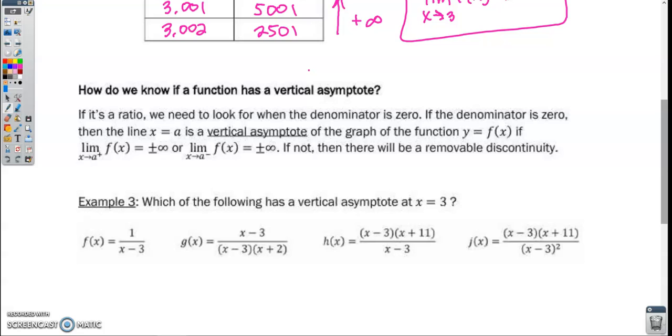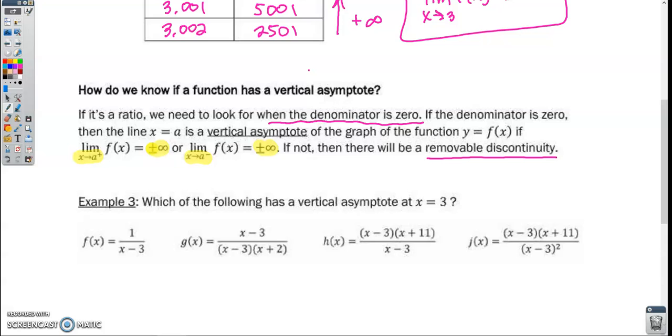If the denominator is 0, then the line x equals a is a vertical asymptote of the graph of the function if the limit from the right or the limit from the left, we've got both of these as possibilities, approaches either positive or negative infinity. If we run into a situation when the denominator is 0 and these limits don't approach infinity, then we're going to have a removable discontinuity, but we'll talk about that a little bit more in the next video probably.